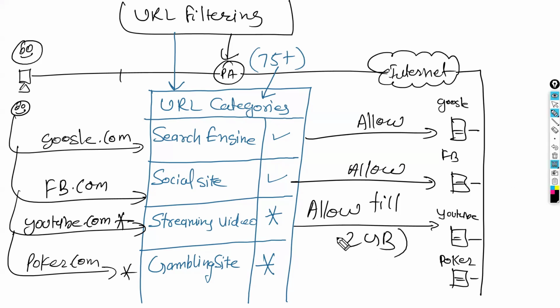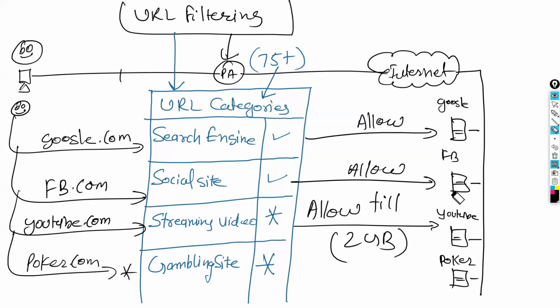When you access YouTube, you will definitely consume data. Now we want the user to access YouTube only until they consume 2 GB of data. This thing will not be done by Palo Alto. This thing will be done by a proxy server, not by Palo Alto.